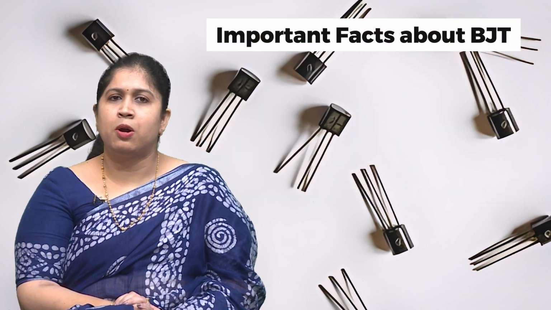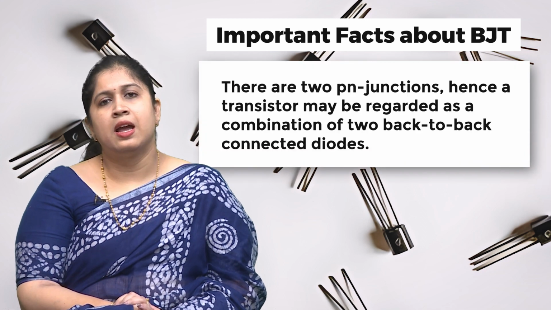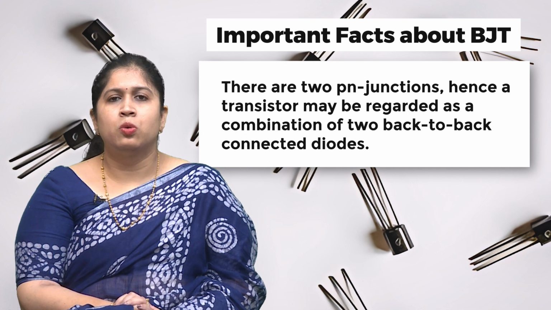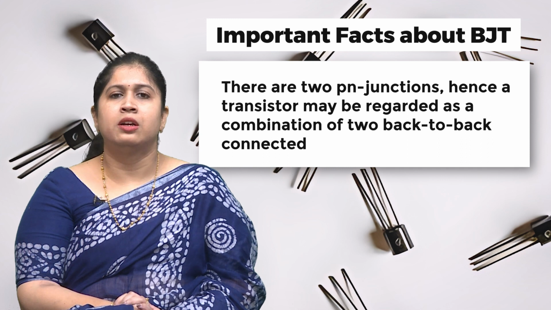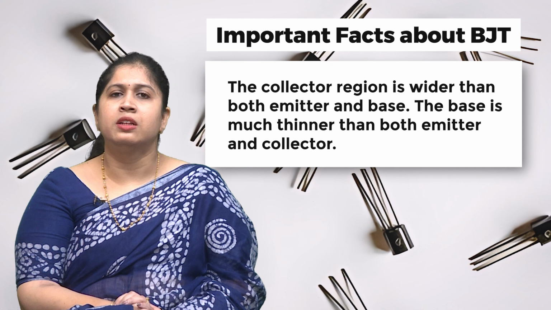Important facts about BJT: there are two p-n junctions, hence a transistor may be regarded as a combination of two back-to-back connected diodes. The collector region is wider than both emitter and base.